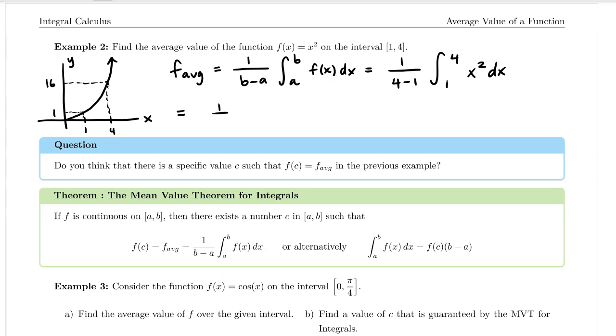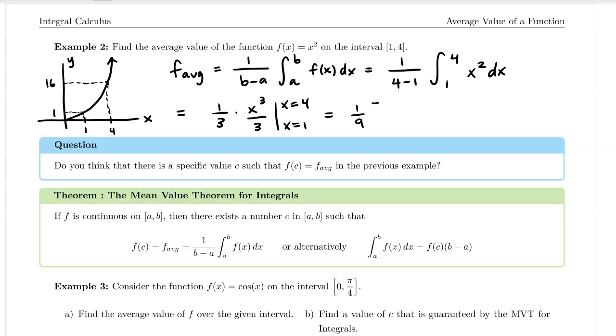And that fraction is going to simplify to 1/3. The antiderivative of x squared is x cubed over 3, and I'm evaluating this between x equals 1 and x equals 4. If I multiply 1/3 and 1/3 together, that's going to give me 1/9.